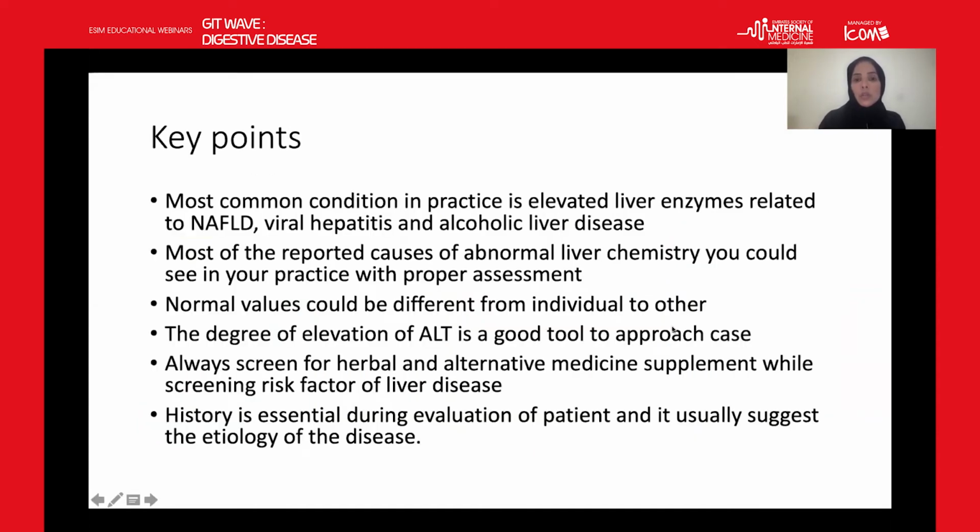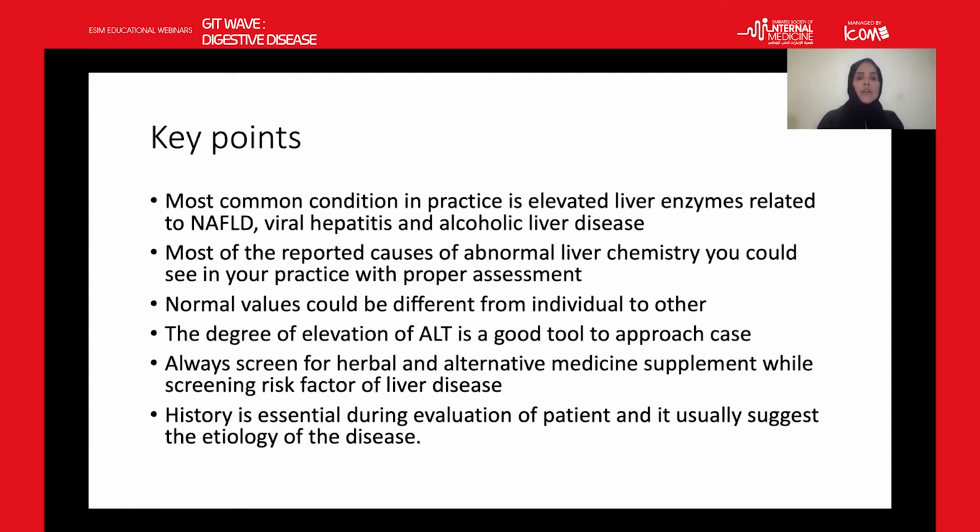At this point, we conclude our talk. The key points: the most common conditions in our practice for elevated liver enzymes are fatty liver and viral hepatitis, as well as alcohol. Most of the reported causes of abnormal liver chemistry you could see in your practice with proper assessment. Normal values could differ from individual to individual for ALT and AST.